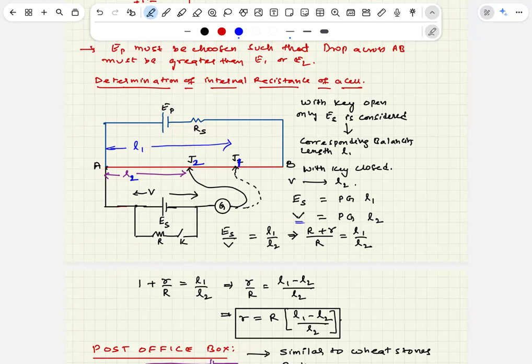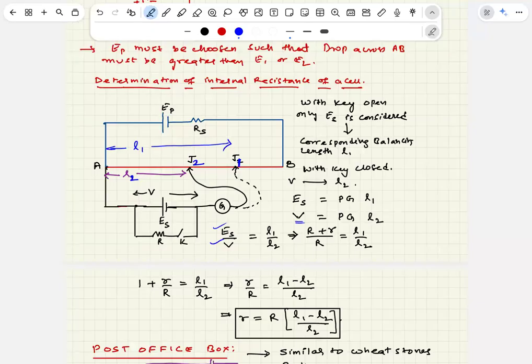The potential difference is potential gradient times L. Now what is happening? E secondary by V is L1 by L2.